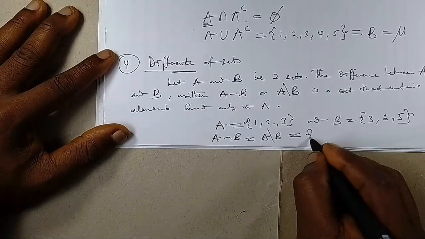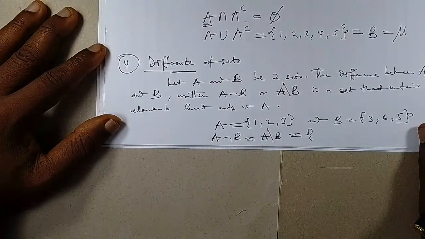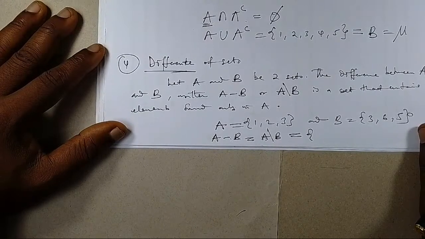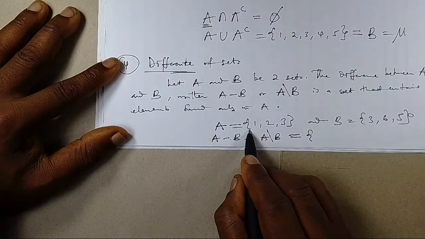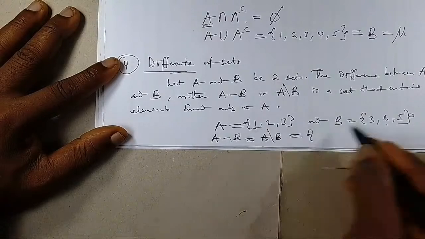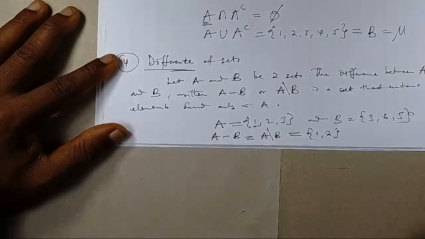A minus B will be the set that contains elements found only in A, but not in B. And what are the elements found only in A? If you compare the set A with the set B, you will notice that the elements found only in A, that you don't find in B, are 1 and 2. So A minus B is 1 and 2.